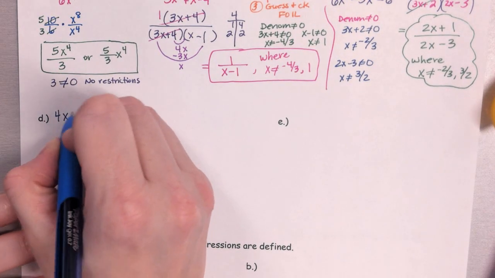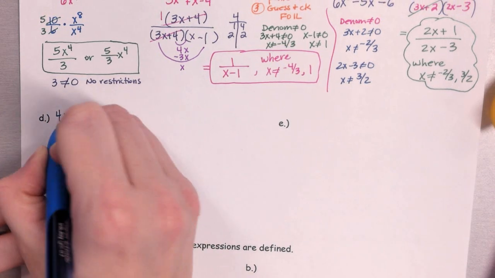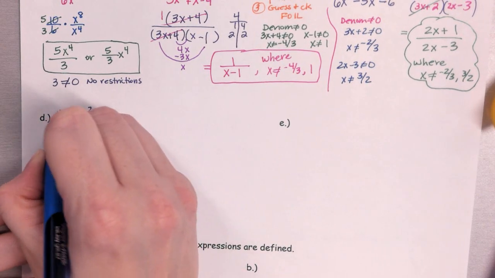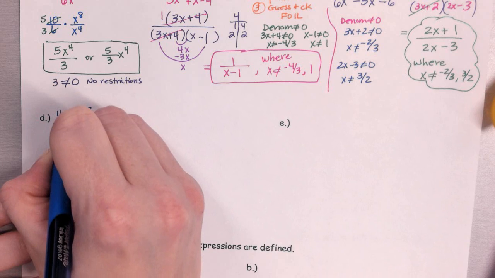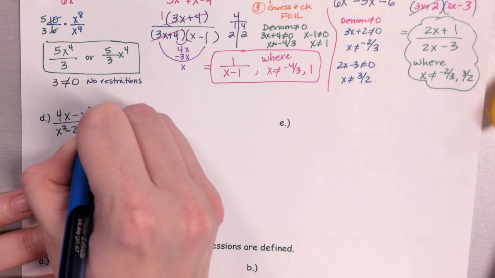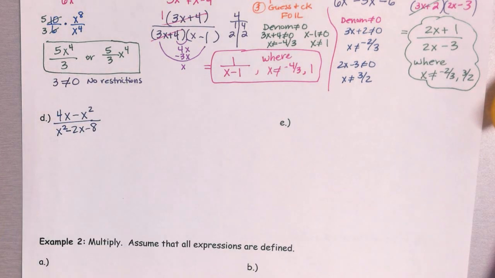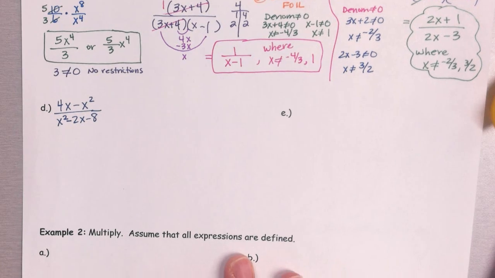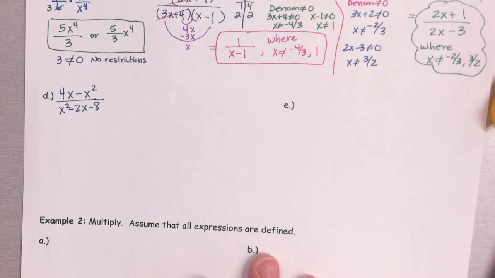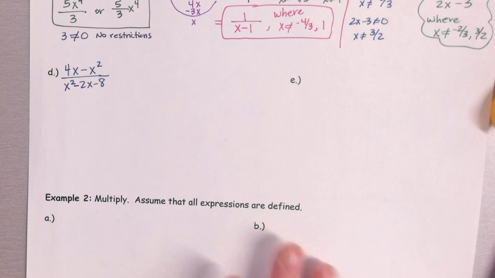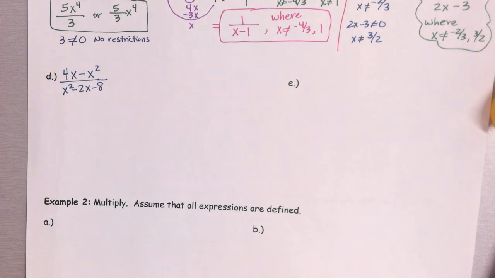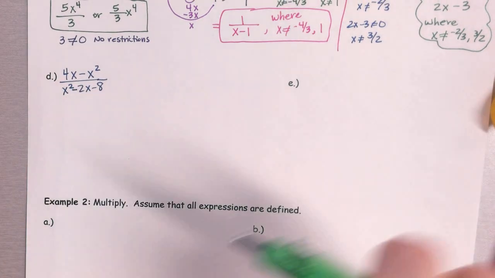And then D is going to be a little bit different. So we have 4x minus x squared over x squared minus 2x minus 8. Okay, so notice in the numerator it's not in standard form.